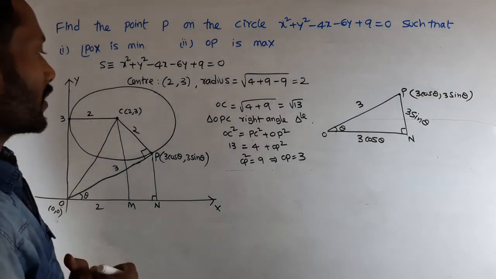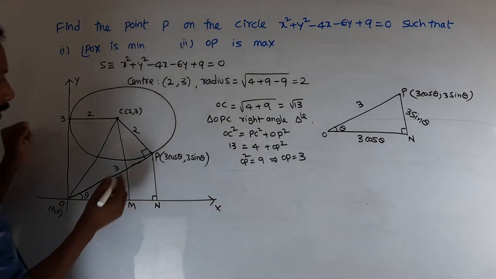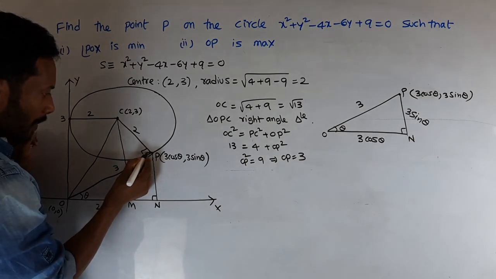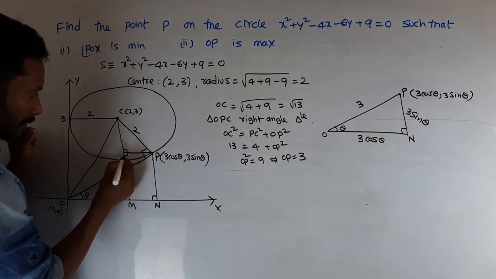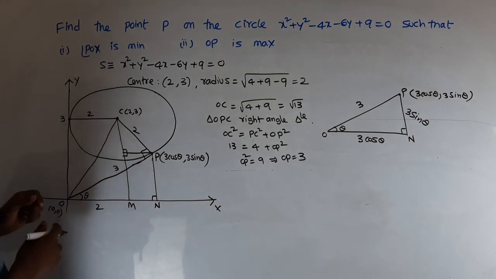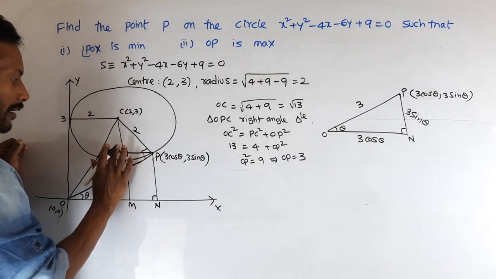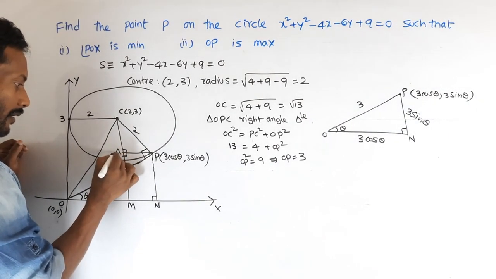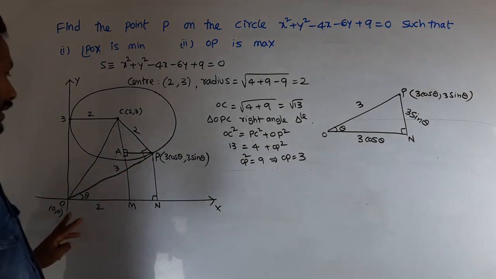So we need to calculate sin theta and cos theta. This was drawn perpendicularly, and perpendicular means 90 degrees. Suppose this point is A. AP is parallel to the x-axis, so AP is parallel to ON.